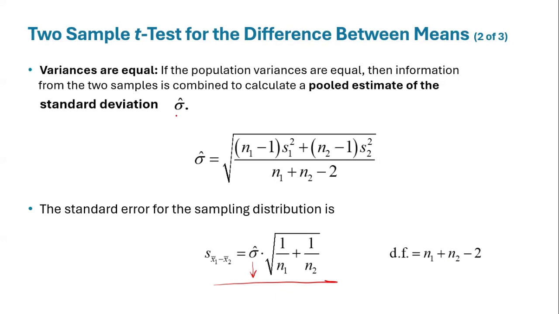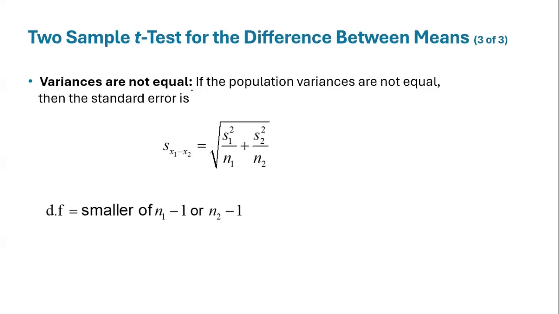In this case, we don't have any information about the population standard deviation, but we may assume that the variances are equal or not equal. Usually in the problem, they tell us if the variances are equal or not equal.